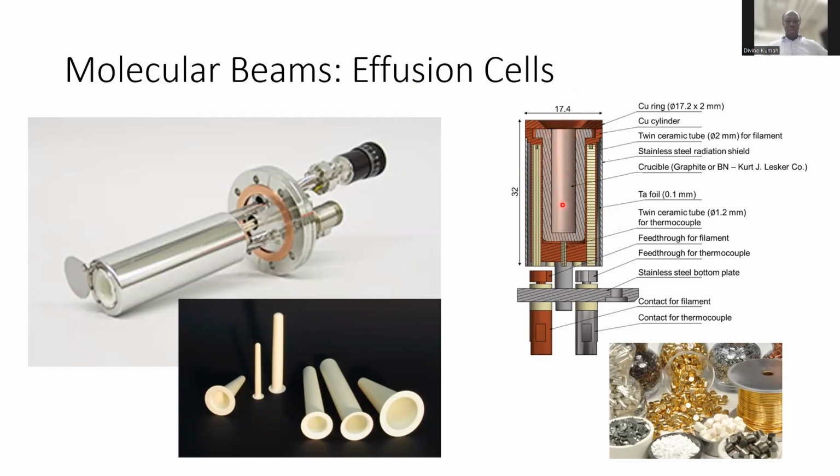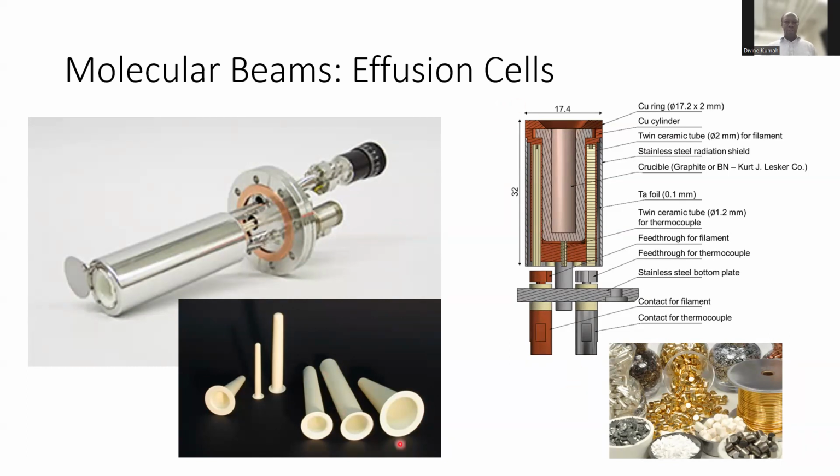You put your crucible into this region in here, and there are coils around it, which allow you to resistively heat up the crucible to some temperature, which is usually very high. We could go up to about 2000 centigrade.